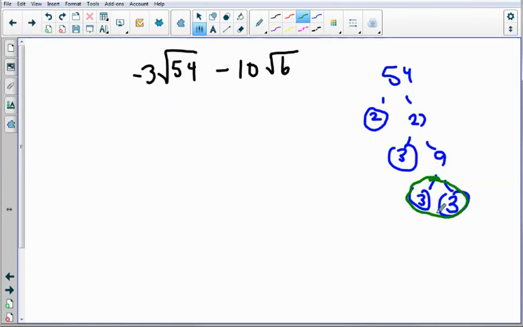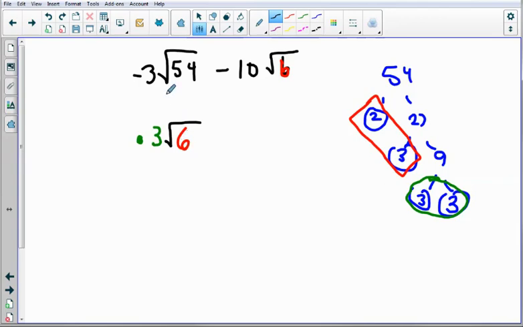This 3 right here comes out, so we'll put it right there. And I know I'm going to be multiplying, so I'll put a big multiplication sign right there. I'm trying to get this to be 6, right? Well, if that's left under the radical, isn't 2 times 3 6? So we got lucky there. So we know that it's going to end up being 6 on the inside. Everything else stays the same.